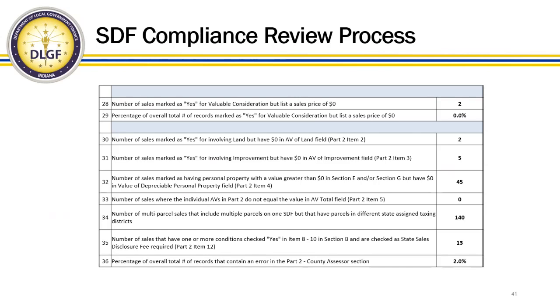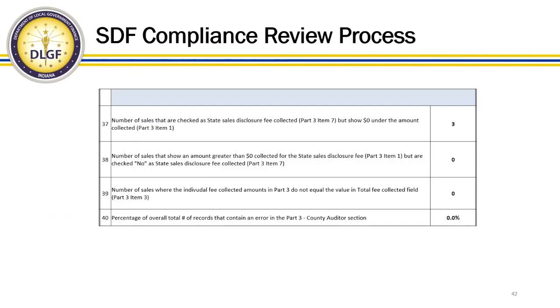And then lines 30 through 36, those are checks that pertain to the Part 2 County Assessors check tab on the sales issues workbook. It's going to list the various checks that we're performing as part of that portion of our review. And then lines 37 through 40 will pertain to the Part 3 County Auditors portion on the sales issues workbook.